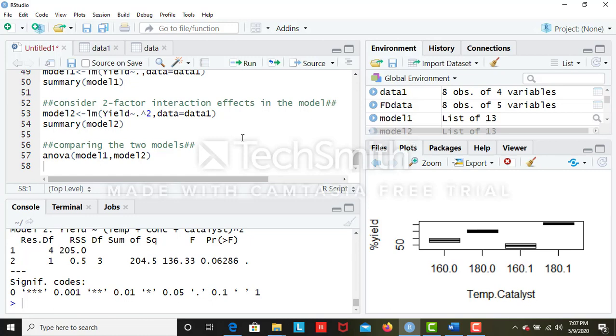So now we're going to consider a full model which includes three-factor interactions.